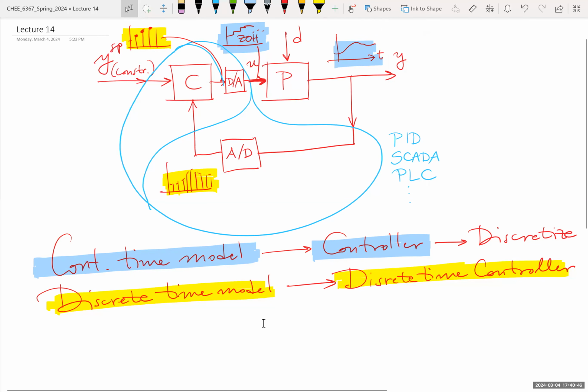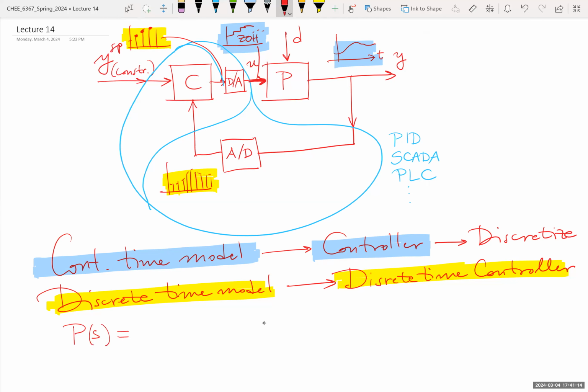In section 11, we already explained on page 20 how we can go from a continuous time model to a discrete time model. It's a mechanistic way. We don't need all that theory. We can keep it to the bare minimum for something very simple. So we already know what a continuous time model P of S means.